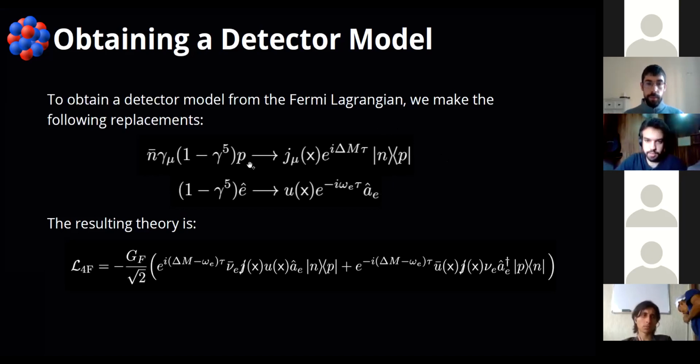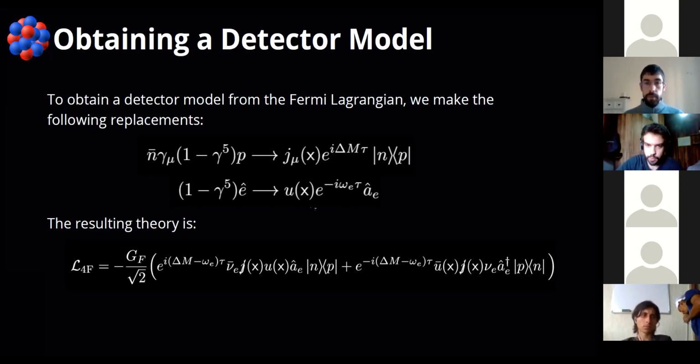And the second assumption that we have to make to reduce that Fermi Lagrangian to a localized system that interacts with the neutrino field is to replace the electron by an effective electron state that plays the role in this interaction, that has this effective energy omega e, which will not only be the mass of the electron, but will also have to contain a kinetic term associated to the average energy of the electrons involved in this process.